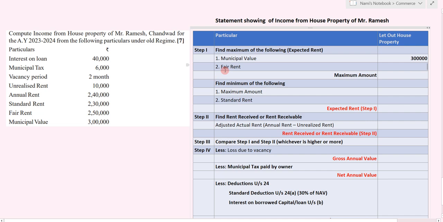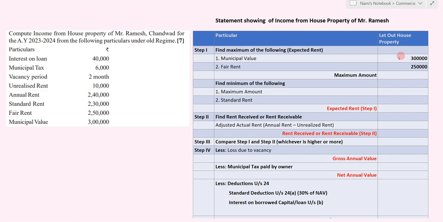Next is fair rent. The fair rent is 2 lakh 50,000. Now from these two, municipal value and fair rent, we have to take the maximum amount.